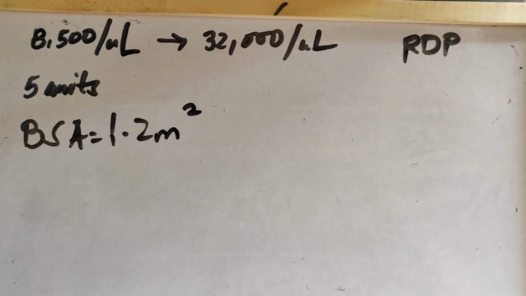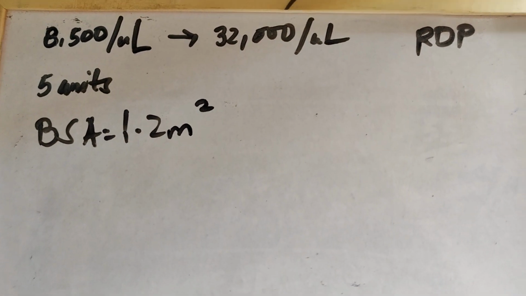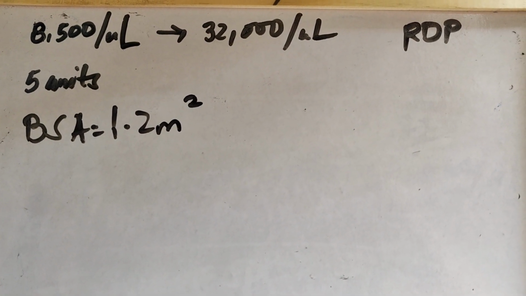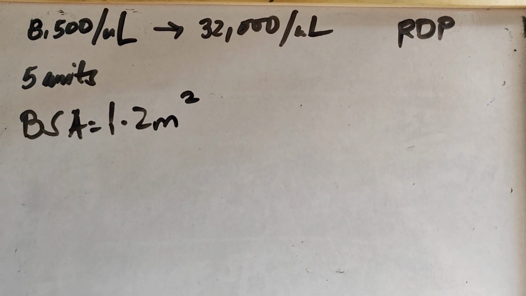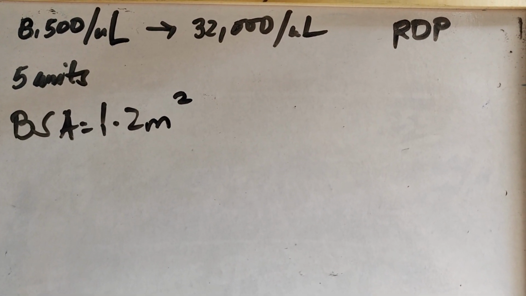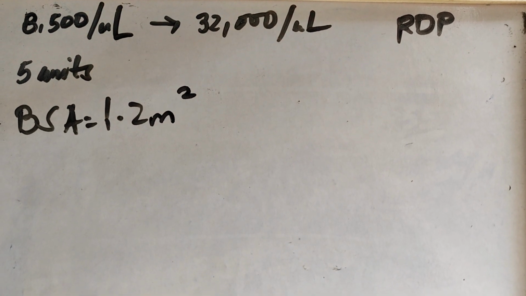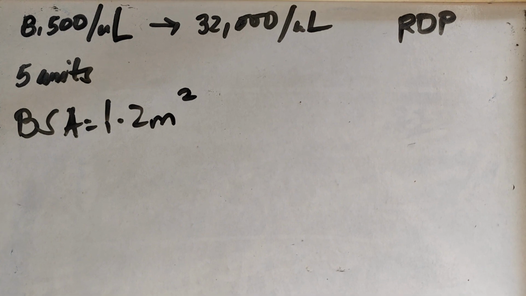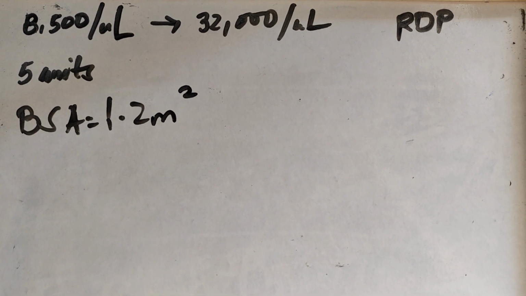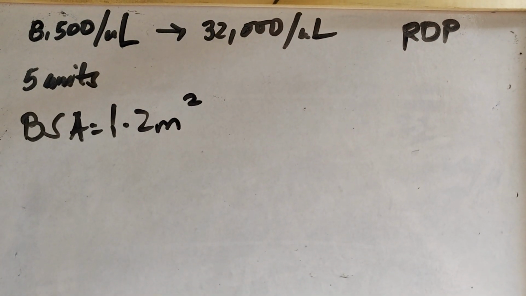After transfusion of 5 units, the platelet count became 32,000 per UL. We used RDP. For the BSA, that's 1.2 meter squared. Take note of these values.